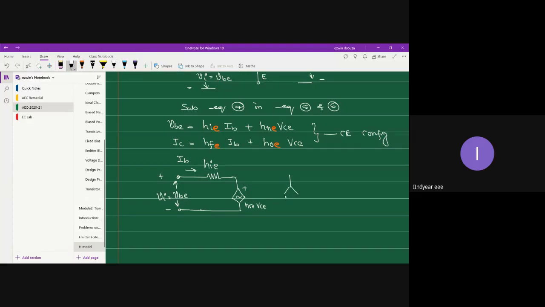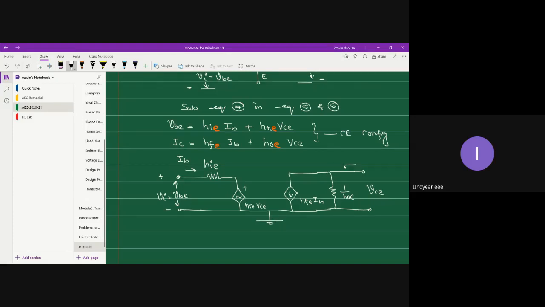On the output side, you have a dependent current source, that is HFE into IB. Then you have the current flow through the admittance, which you can write as 1 over HOE, and this is your output voltage, VCE. You can join the two, and this will be at ground.